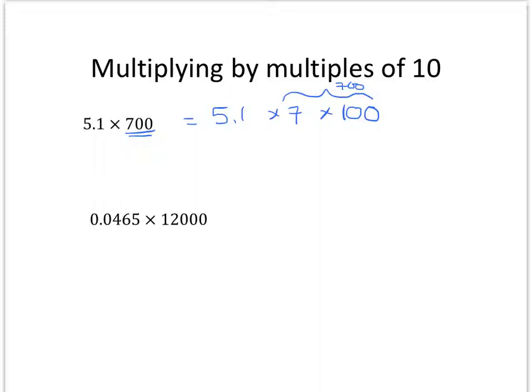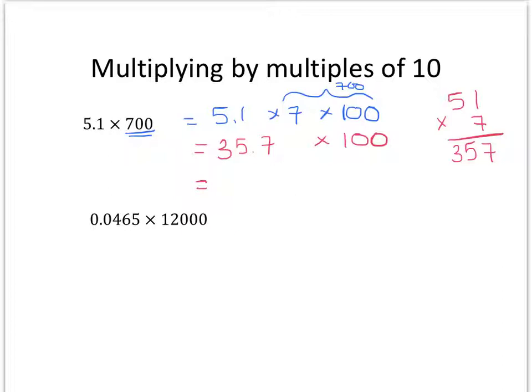Okay? So 5.1 times 7, let me just do a bit of working out on the side here. I'm just going to think about it as 51 times 7. 7 times 1 is 7. 7 times 5 is 35. So 5.1 times 7 is 35.7. And then I need to times that by 100. That means that I move the decimal place twice.